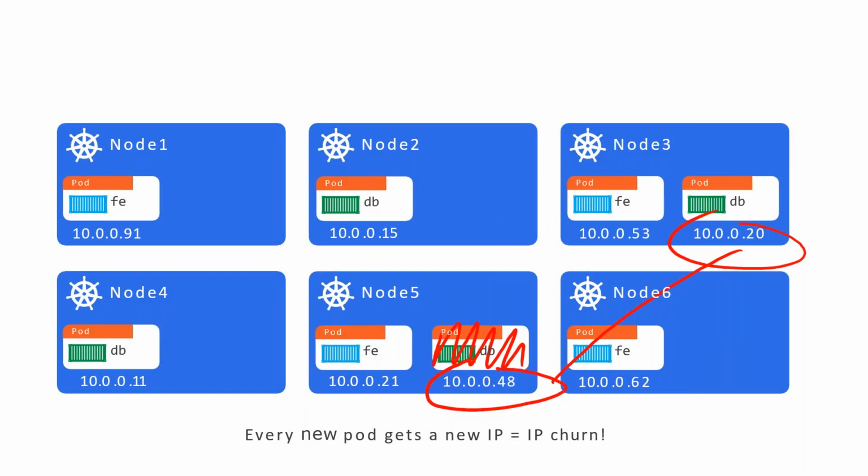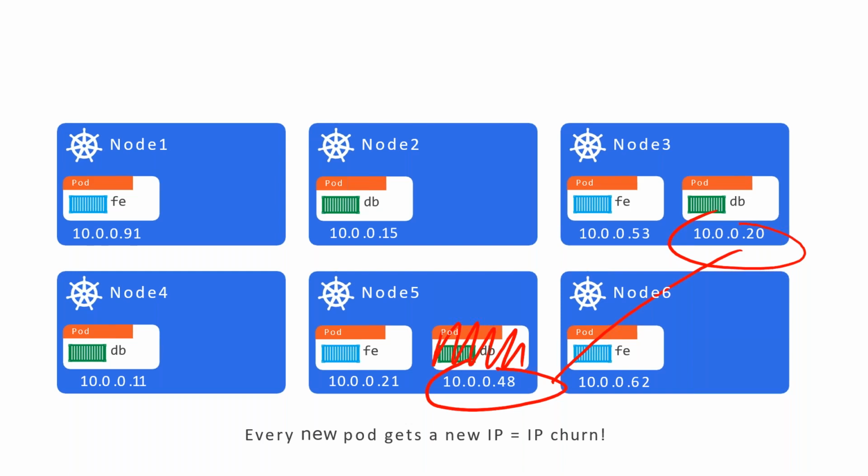So look at this image here. How many nodes do we have? 6 nodes. Forget about the master concept here. Master is needed for managing the cluster, but ultimately the application is running in the worker nodes, right? So in this very simple image, you have 6 nodes, and on each node you have a pod.